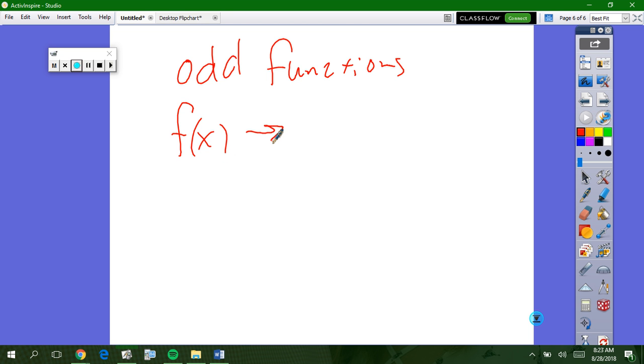I replace it with negative x, just like I would have done with the even function. But it doesn't come back to be the exact same. It comes out to be its opposite. Okay?